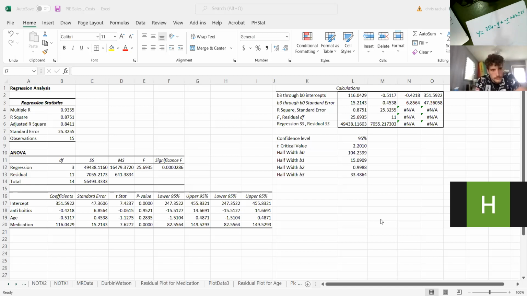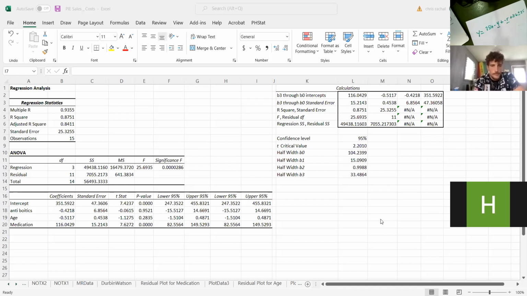And so the standard error from each one of the slopes is kind of averaged out to what that means for the entire model. And that's what the standard error is on the entire model. So based off of this, we can actually calculate how long somebody would stay in the hospital. So far, so good? Based off of this model.